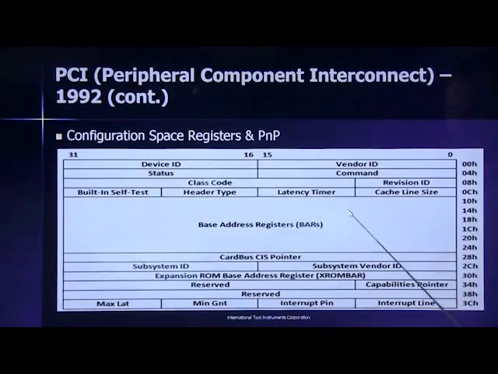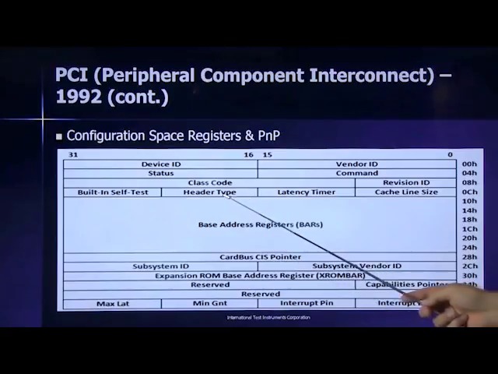Cache line size, latency timer, and built-in self-test I'm not going to talk much about. The header type is a field that describes whether this particular device is an endpoint device, whether it's a bridge or whether it's some other type of device.